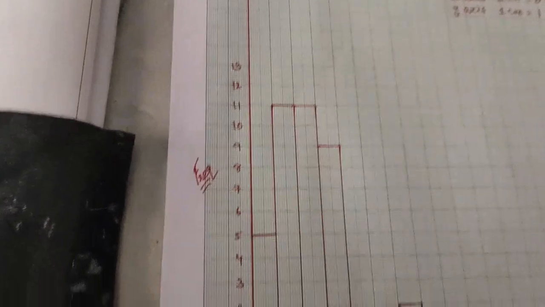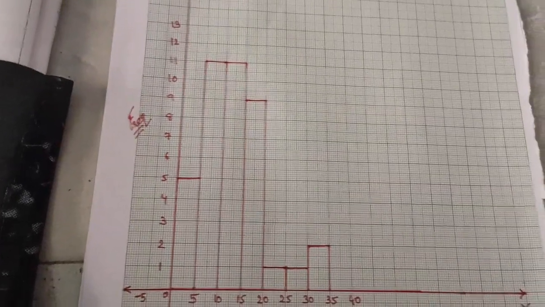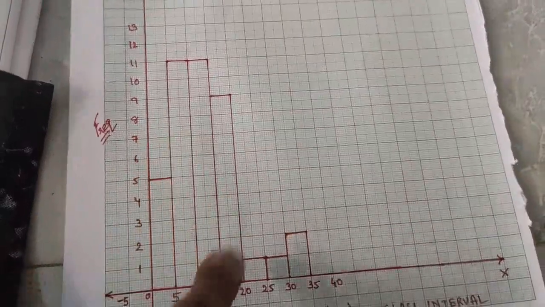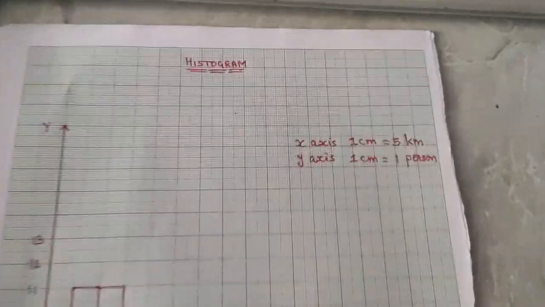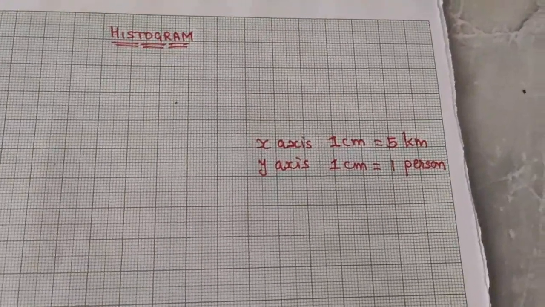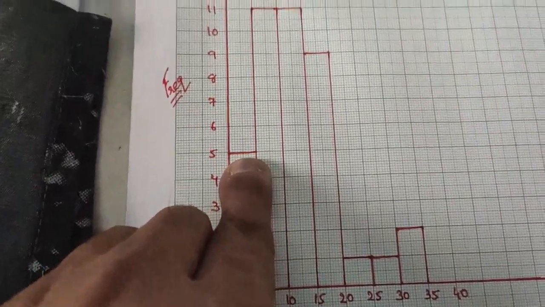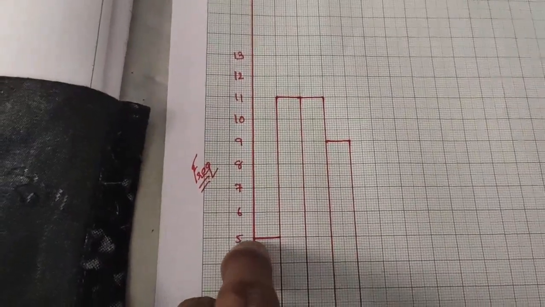So it is easy for us to take 1 centimeter equal to 1 person. So 1, 2, 3, 4, 5, 6, likewise up to 11. And you have to mention the scale here. So first one, between 0 and 5, how many people are there? 5 of them. So I mention 5 here.